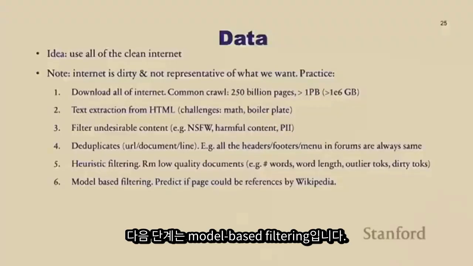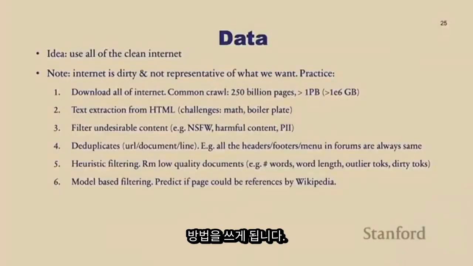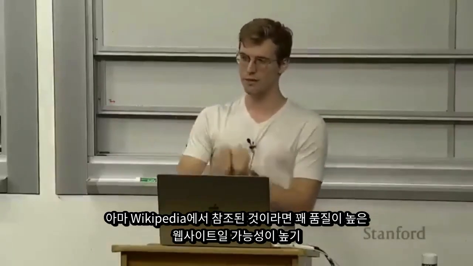Next step, model-based filtering. Once you've filtered a lot of data, what you will do, and that's actually a very cute trick, is take all of Wikipedia and look at all the links that are linked through Wikipedia pages. Because if something is referenced by Wikipedia, it's probably a high quality website.